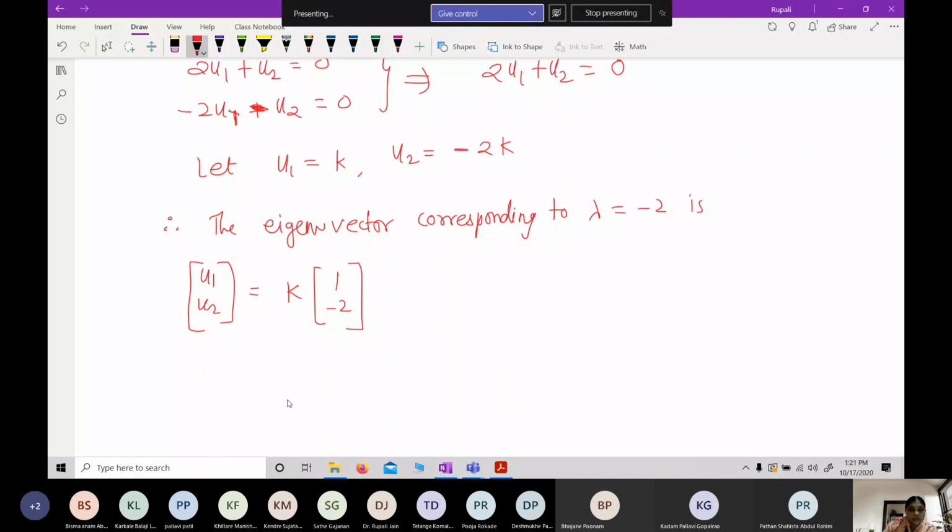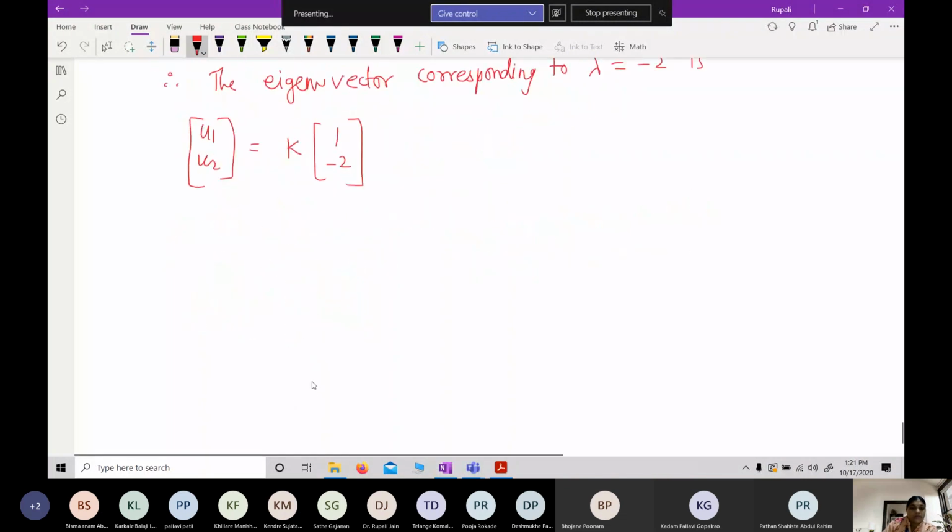So that is my eigenvector. Is that okay? So now you can do the others.